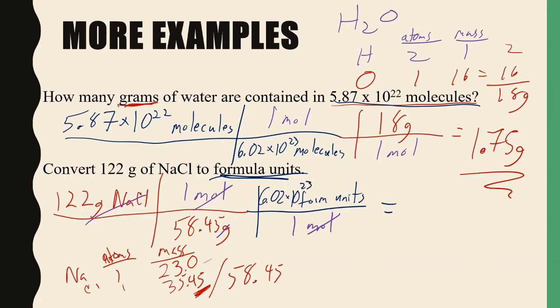So there you go. 122 times 6.02 times 10 to the 23rd divided by 58.45. 1.26 times 10 to the 24th formula units. So this shouldn't knock you out.